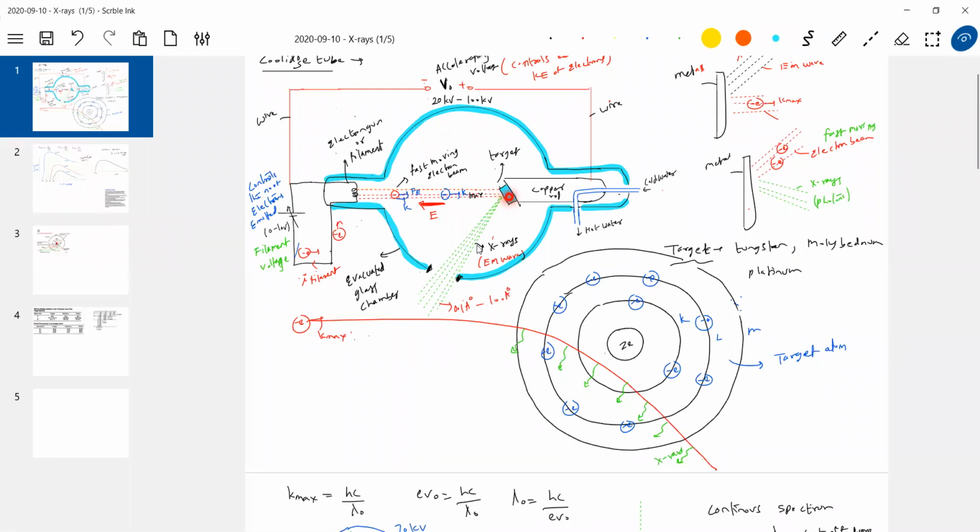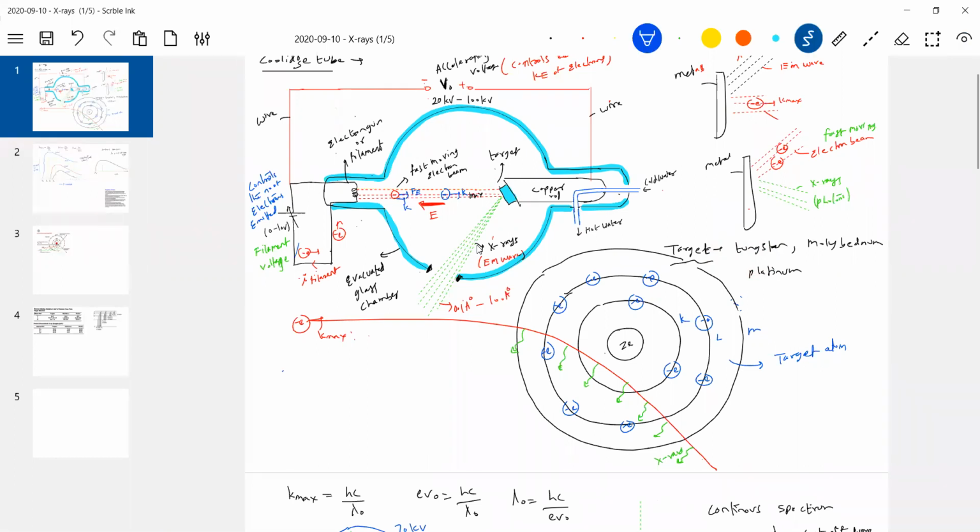Then the heat generated may be such that it may melt. So therefore, what type of target should I pick up? I should pick up a target which has a high melting point. An example is tungsten. So why is tungsten preferred? It has a high melting point. So what is the basic requirement of the target? It must have a high melting point and a high atomic number.